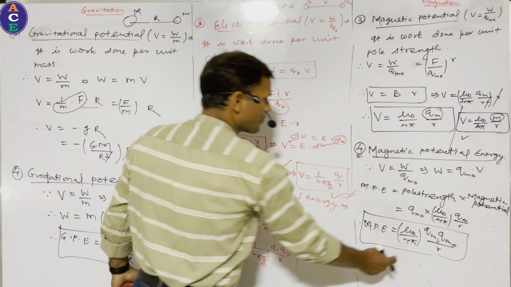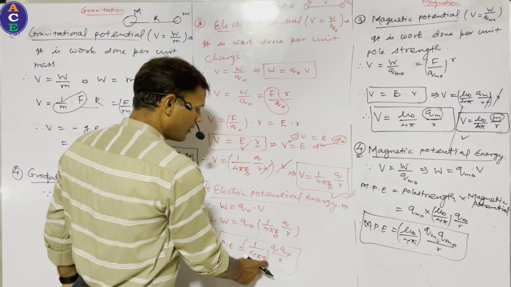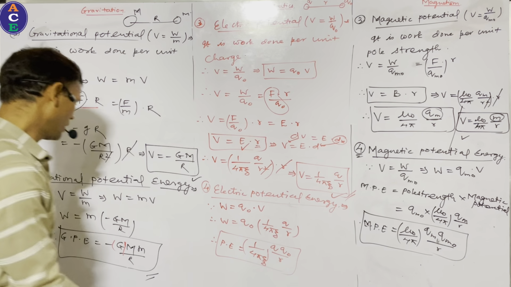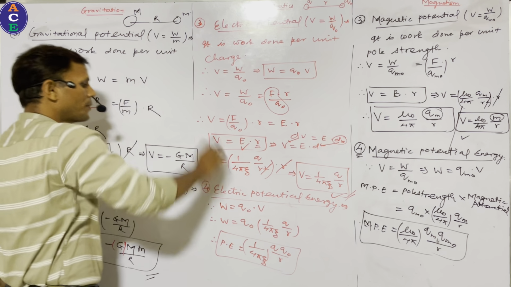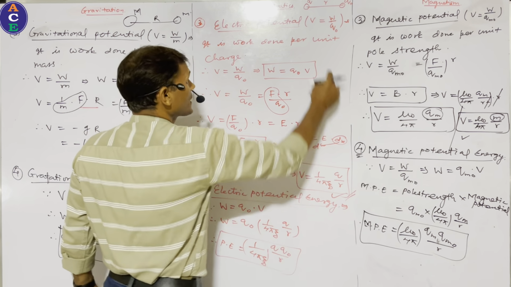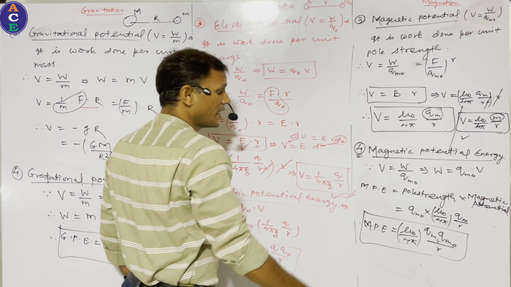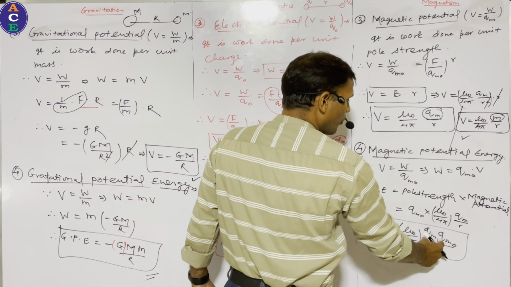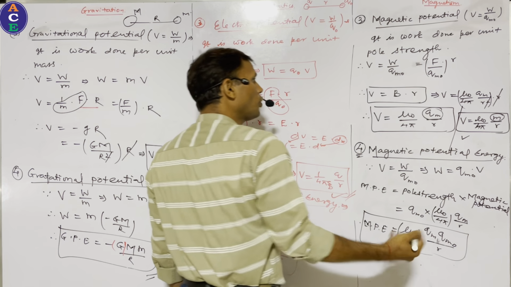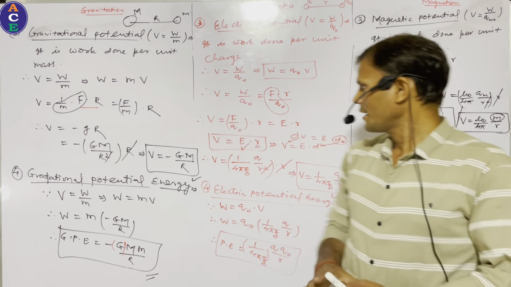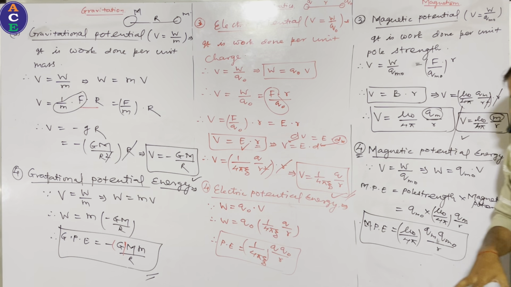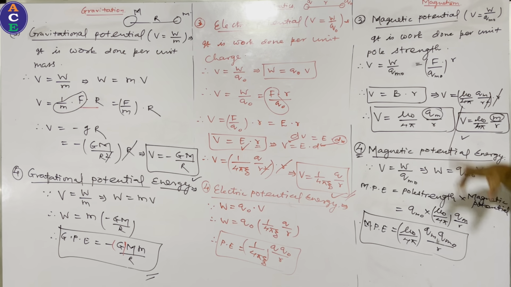Now the constant has changed: mu naught by 4 pi, 1 by 4 pi epsilon naught, and capital G. Product of two masses because two masses were separated, product of two charges because two charges are separated, and here product of pole strengths because two pole strengths will be there in the case of magnetism. So this is the whole thing.